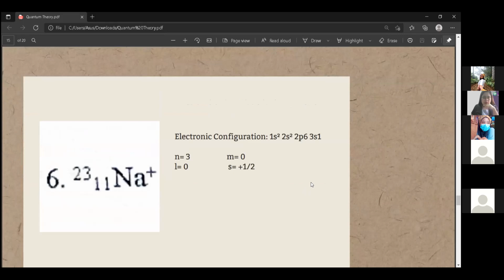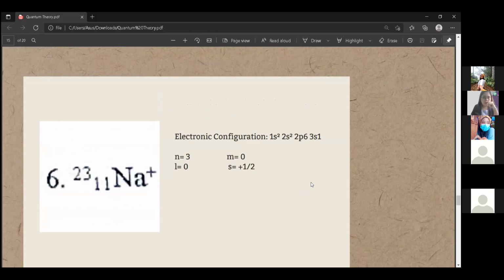So for number 6, in writing the electron configuration for sodium, the first 2 electrons will go in the 1s orbital. Since 1s can only hold 2 electrons, the next 2 electrons for sodium go in the 2s orbital. The next 6 electrons will go in the 2p orbital. The p orbital can only hold up to 6 electrons. We'll put 6 in the 2p orbital and then put the remaining electron in the 3s.